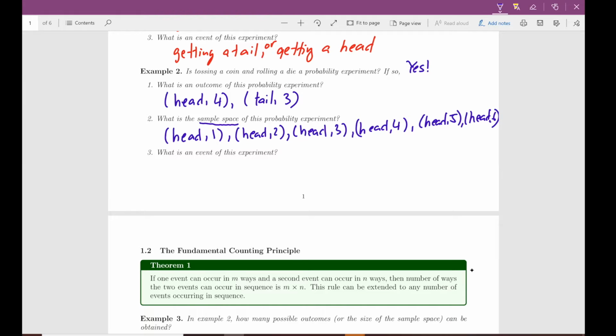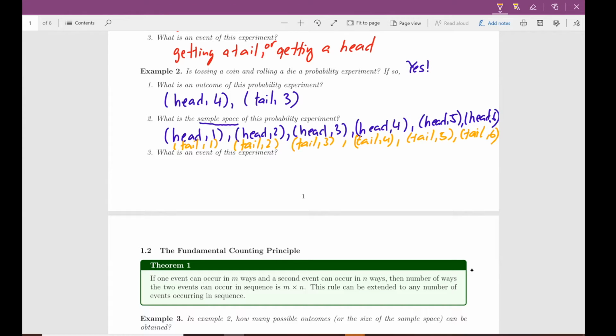Also, if you flip a coin and you get a tail, then you also have other outcomes: tail 1, tail 2, tail 3, tail 4, tail 5, and you get a tail and a 6.